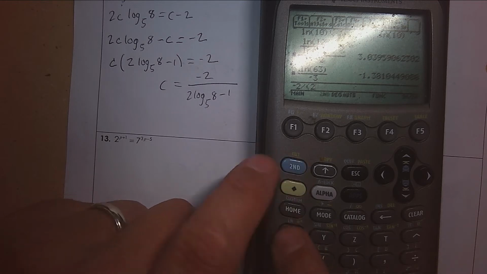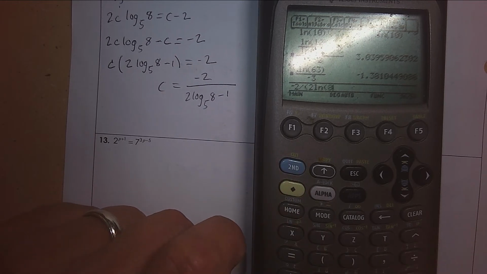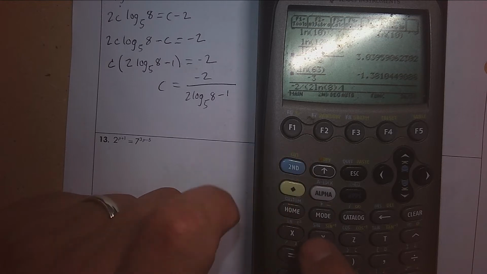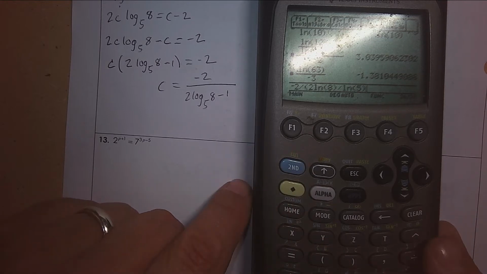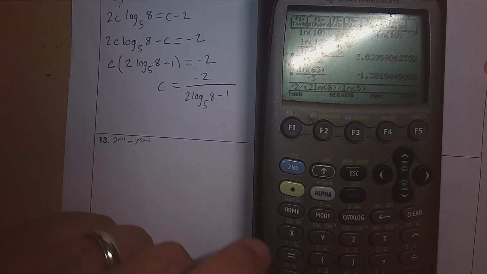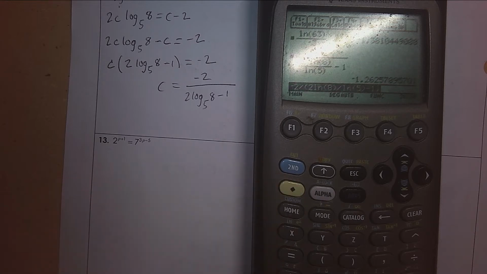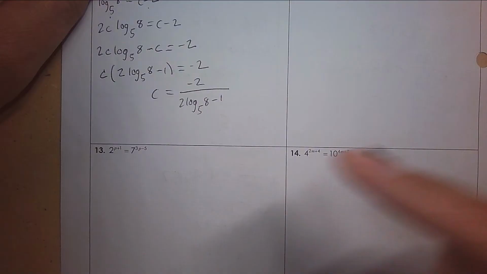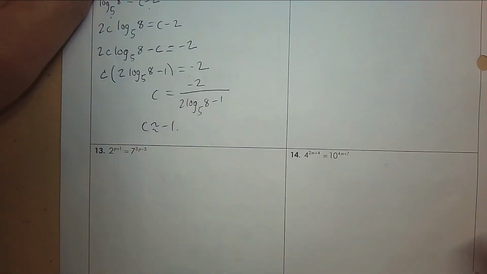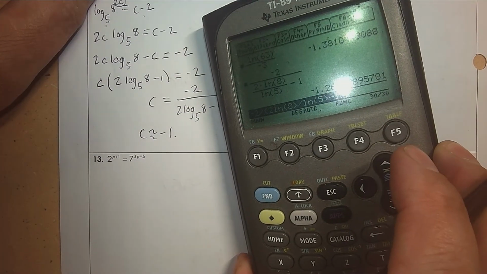So ln 8 divided by ln 5, and then subtract 1, and then close the parentheses for the denominator. Then go diamond enter, and you get negative 1.263.